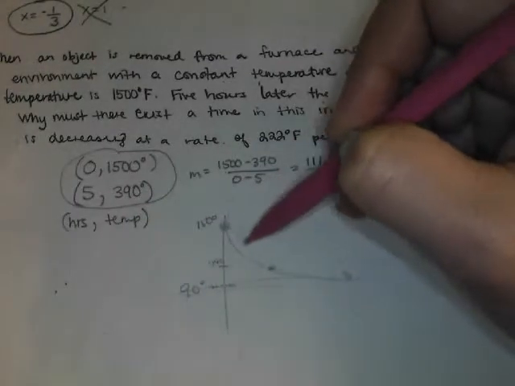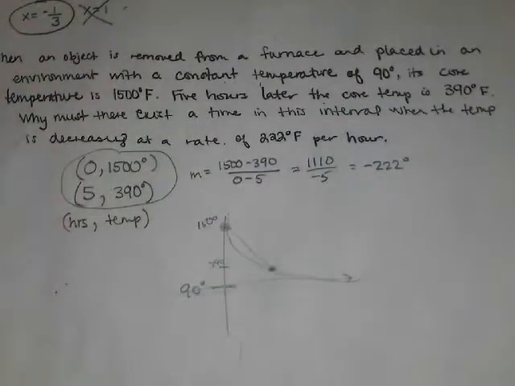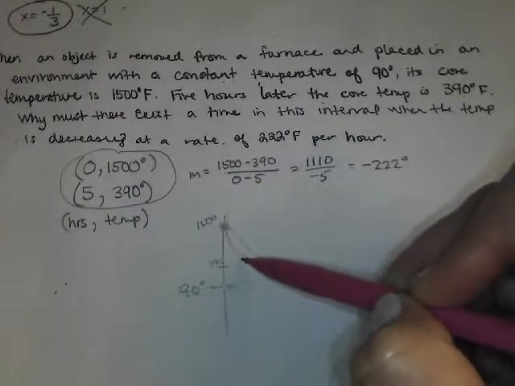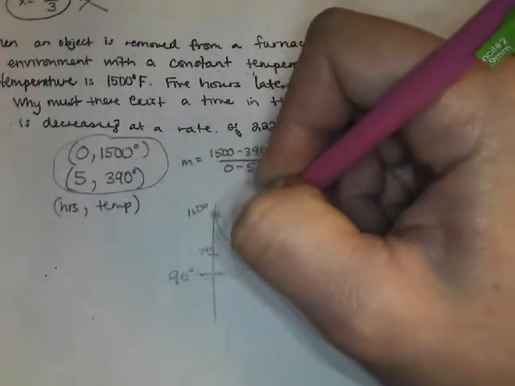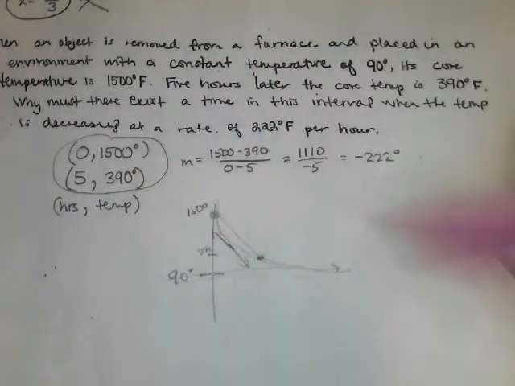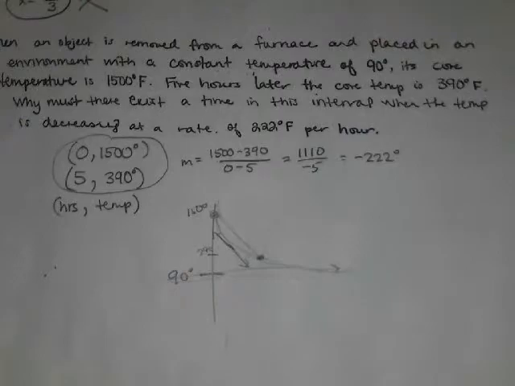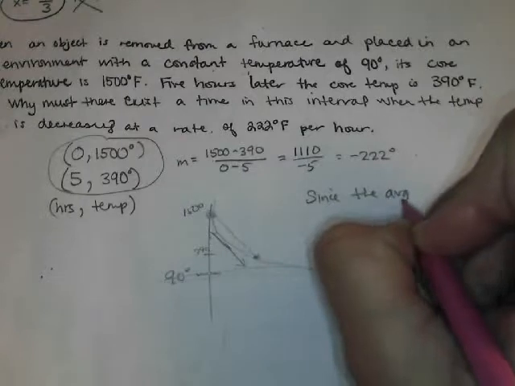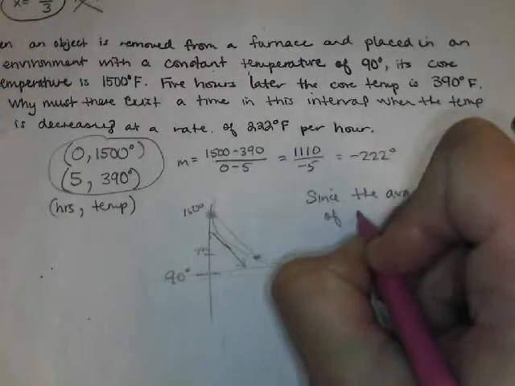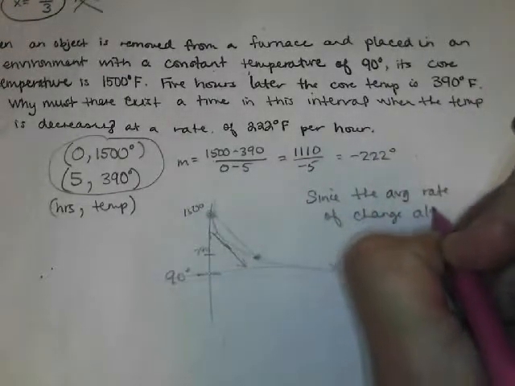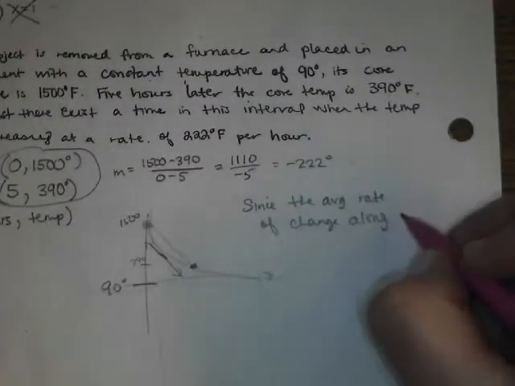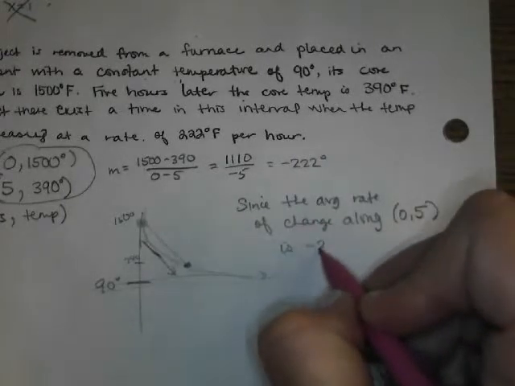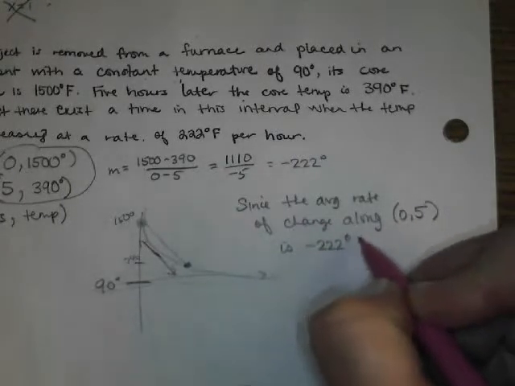Okay? So something along the lines of, since the average rate of change along that open interval from 0 to 5 is negative 222 degrees per hour, there must exist a point in the 0 to 5 interval.